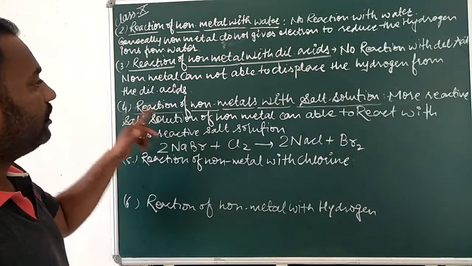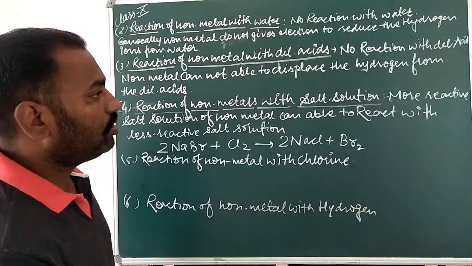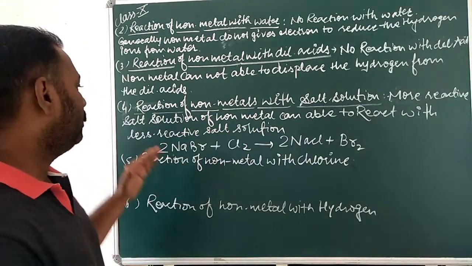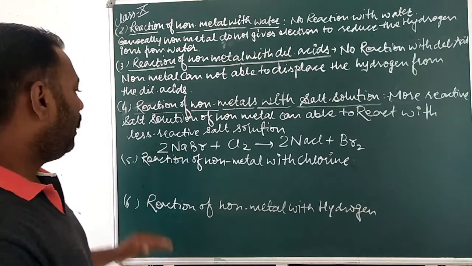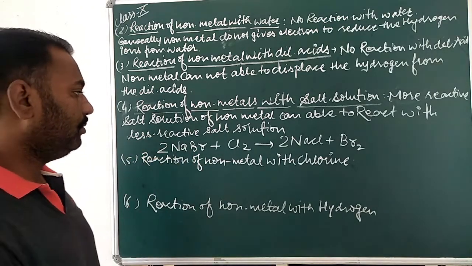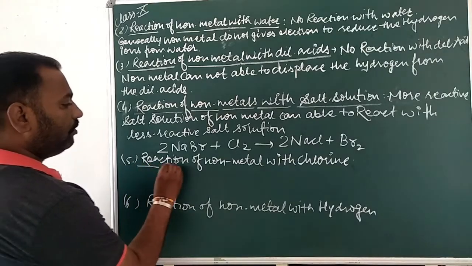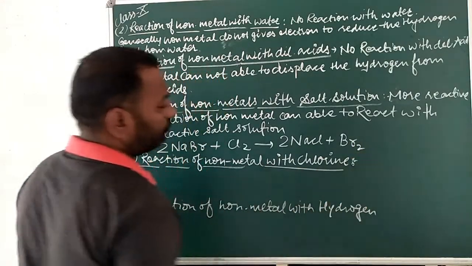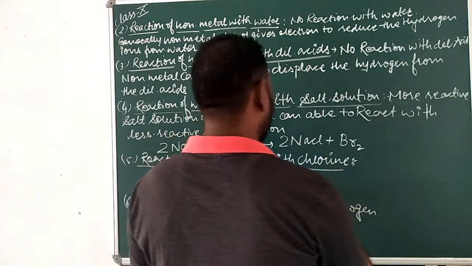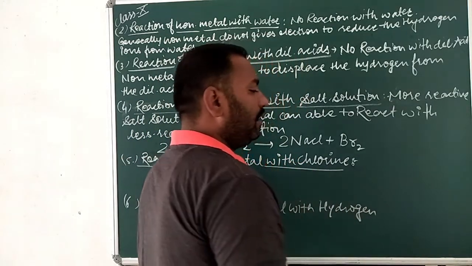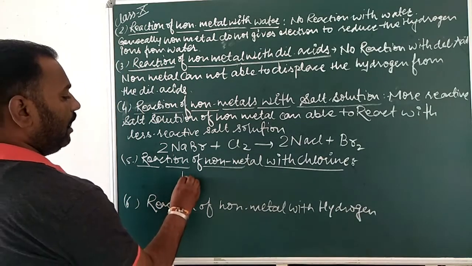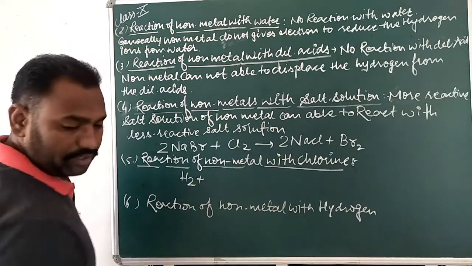A more reactive non-metal can react with the salt solution of a less reactive one, like 2NaBr plus Cl2. Then what will be the reaction of non-metal with chlorine? Generally they cannot react, but I am explaining one example here, like H2 gas.